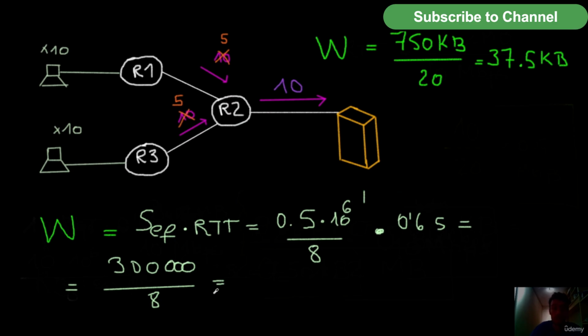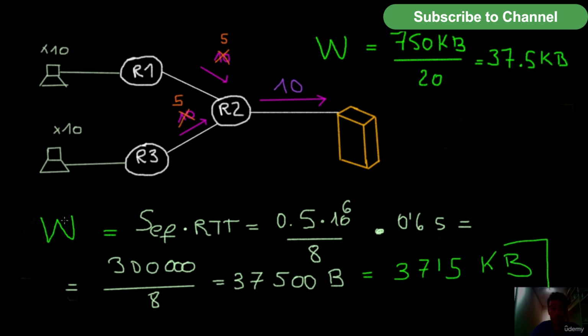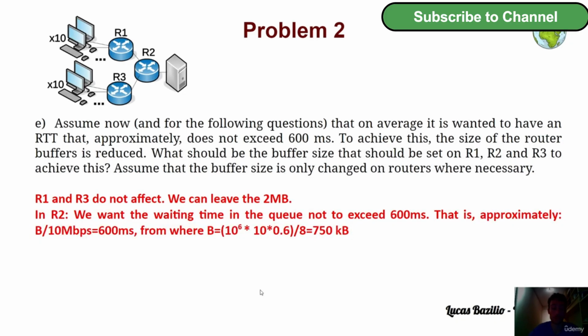The value is 37,500 bytes. If we transform this to kilobytes, we have precisely what we calculated initially, 37.5 kilobytes. This is the value that will be on average the window that each TCP connection will use in this new assumption that we made on the question E.